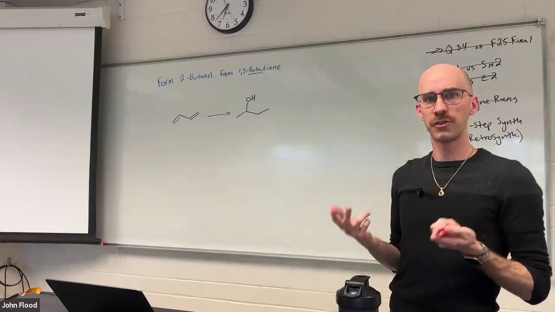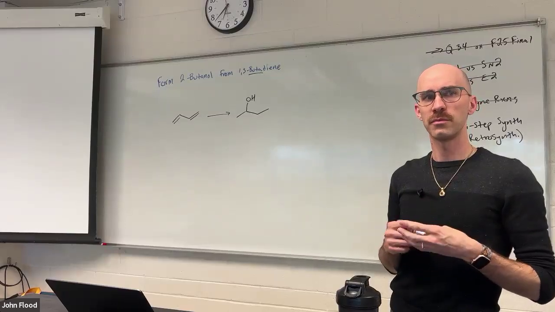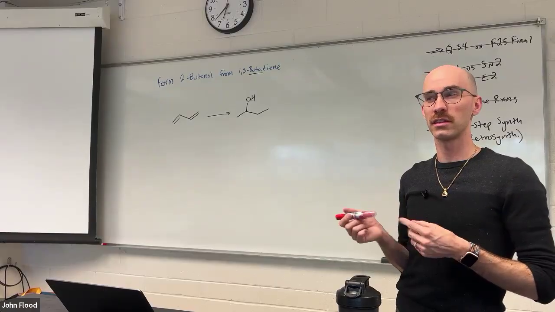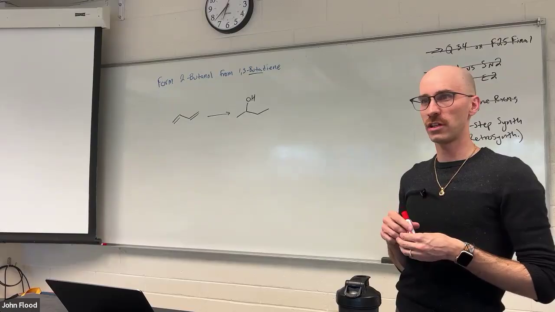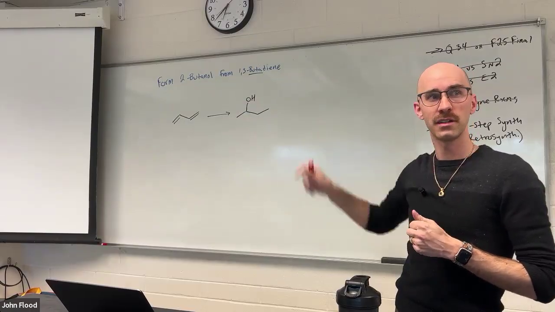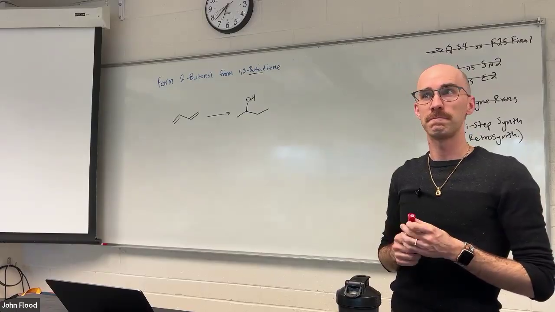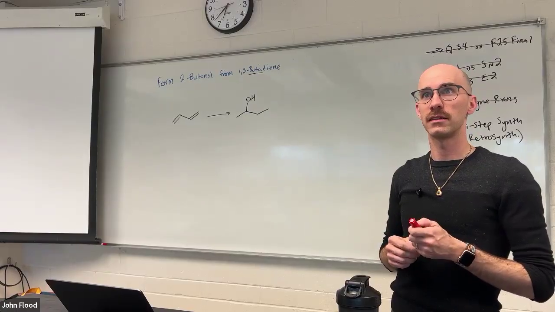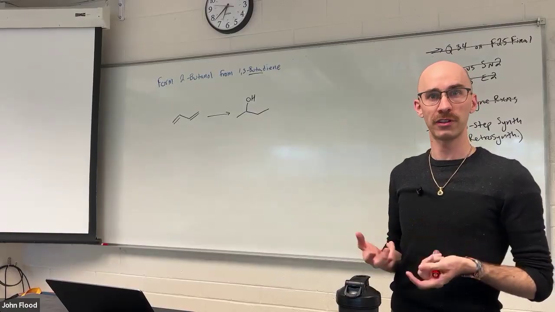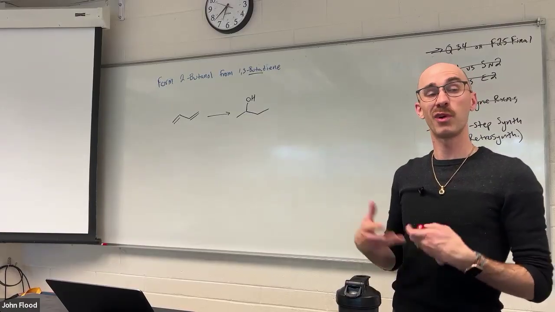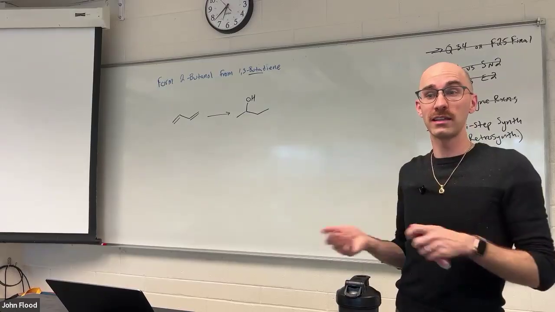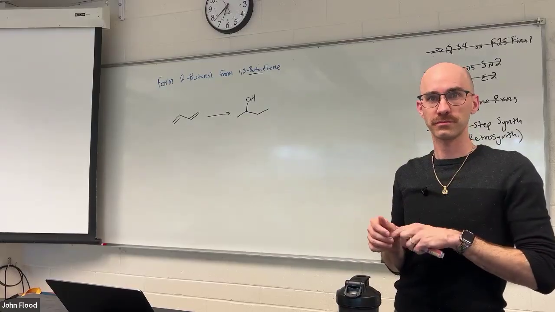Hydrogenation is where we'll add the two hydrogens across. It's important to remember, and I'll be honest, I don't know that we went over this a lot. Hydrogenation on polyalkenes doesn't stop at just one equivalence. If you have multiple alkenes in a compound and you run hydrogenation like you did in lab, all of the alkenes get hydrogenated.